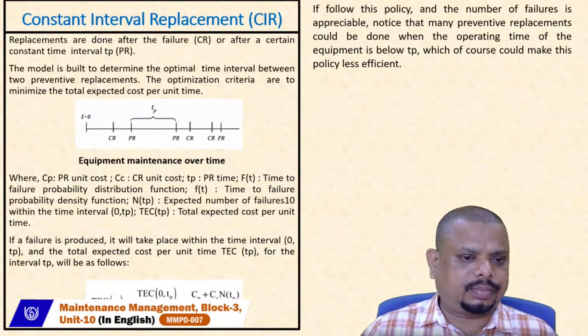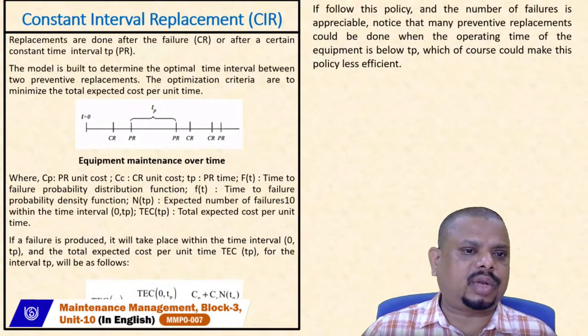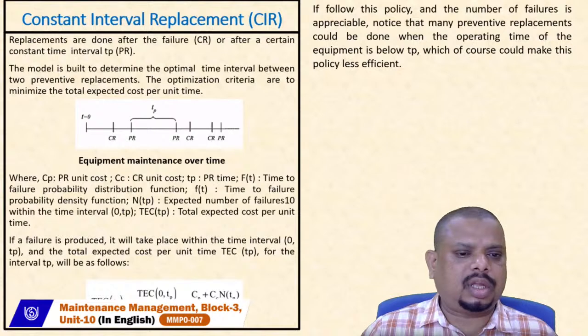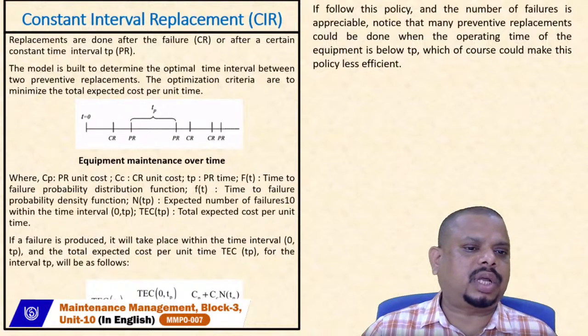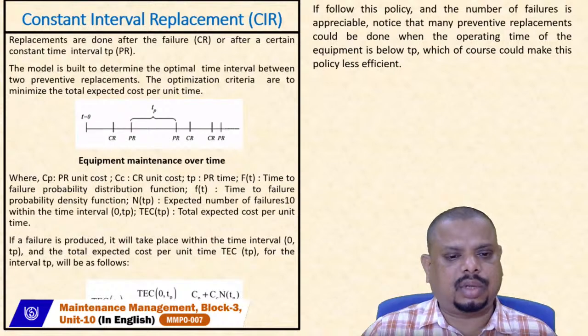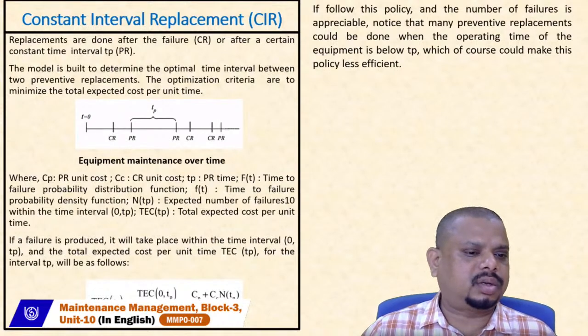Within the implementation, given the number of failures in between the time interval, you have to choose the constant time interval to replace the item, so that you can directly optimize the total cost per unit time, and the machines or equipment remain available for operating conditions.